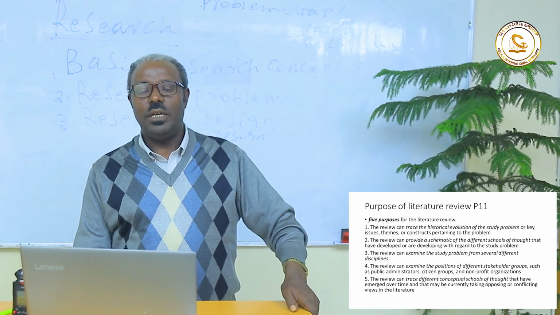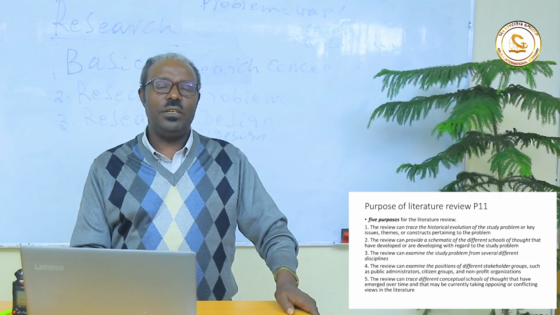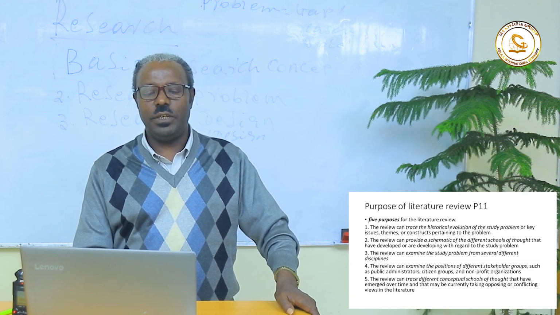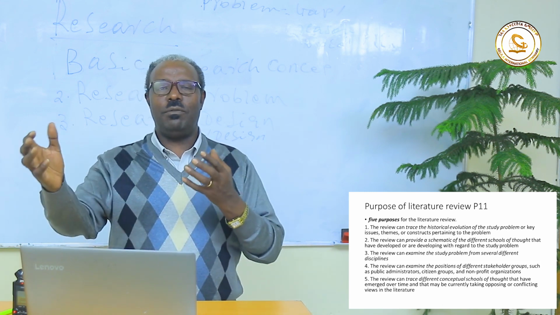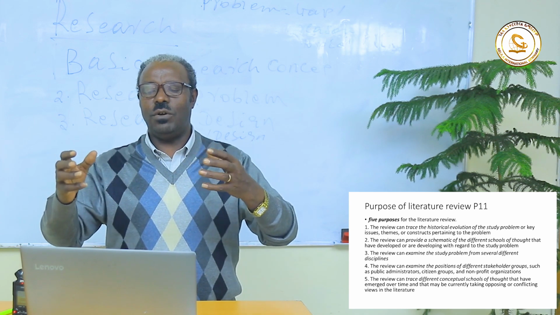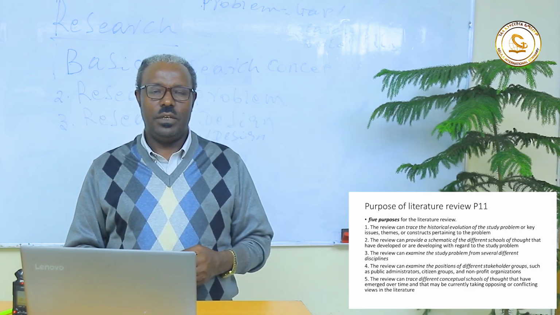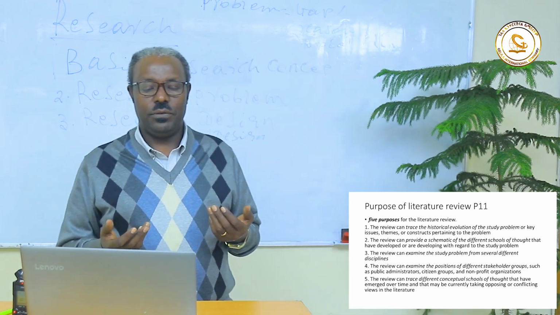The second one, it provides semantics of the different schools of thought. Number 3, it examines the study problem from several different disciplines. It helps you to examine the study itself.